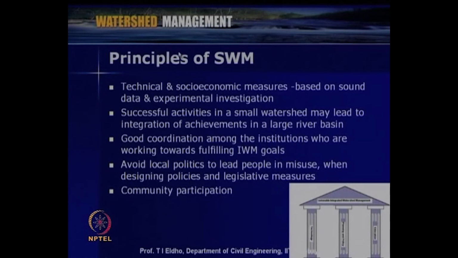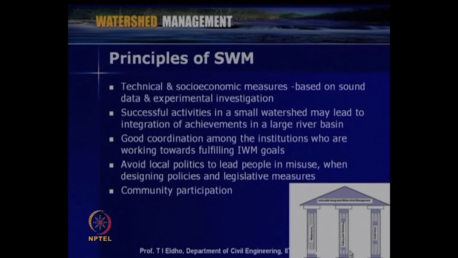Within sustainable watershed management, we can represent the development plans in such a way that the first pillar is technology, that is, the various developmental aspects with the help of technology.